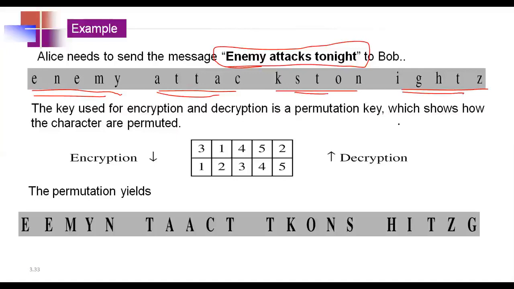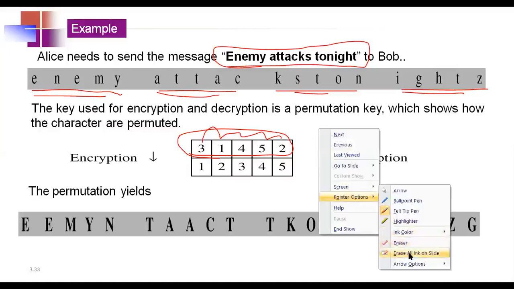Now use some key value: 3, 1, 4, 5, 2 is the key value for encryption. Assume 3, 1, 4, 5, 2 is the key value.